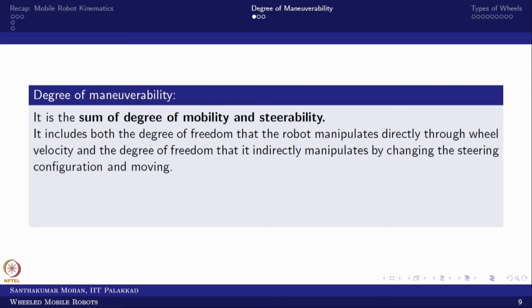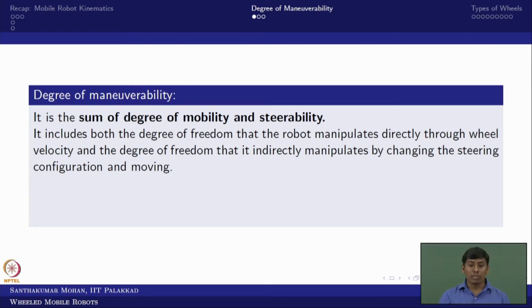Earlier it was fixed in the longitudinal direction, but now because of the steering, it indirectly gets 2 subcomponents. So in the sense, you are maneuvering. That is what we call indirect maneuvering or manipulating, which is the degree of steerability. Whereas when the maneuver of the system comes directly through the wheel velocity, that is what you call degree of mobility.